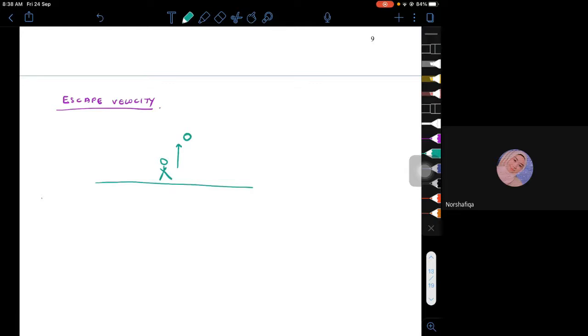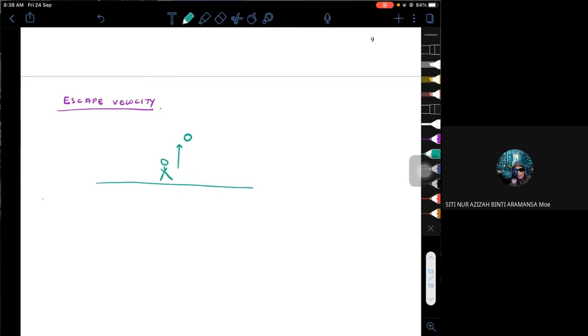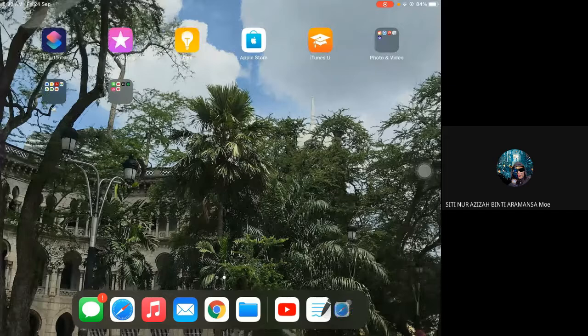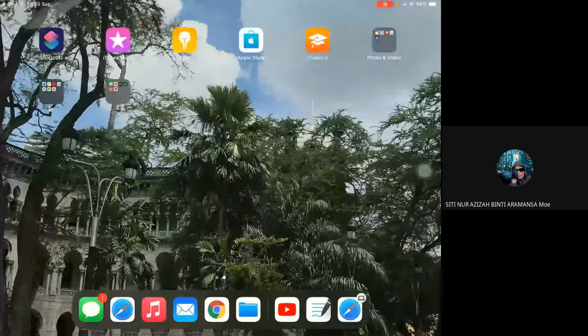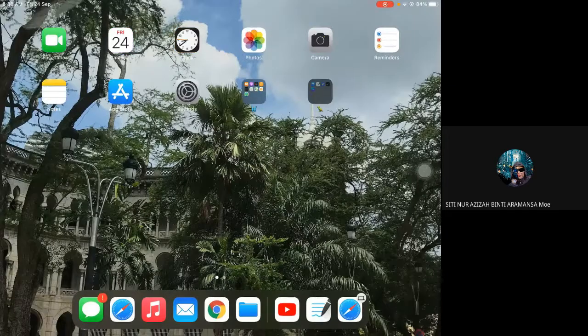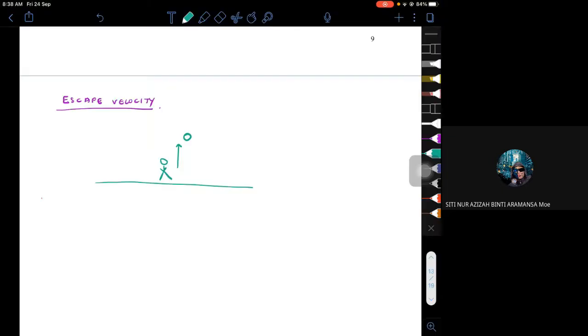So what happened to the ball? Anyone can answer me? What happened to the ball when you baling ke atas? Jatuh ke bawah. Oh, okay. Ya, betul. Dia akan jatuh ke bawah.